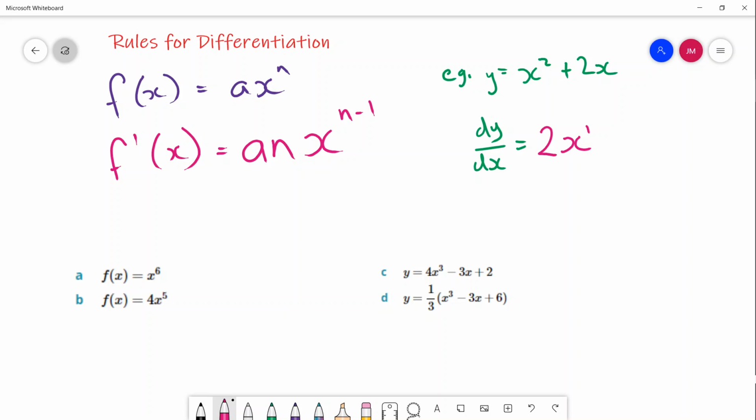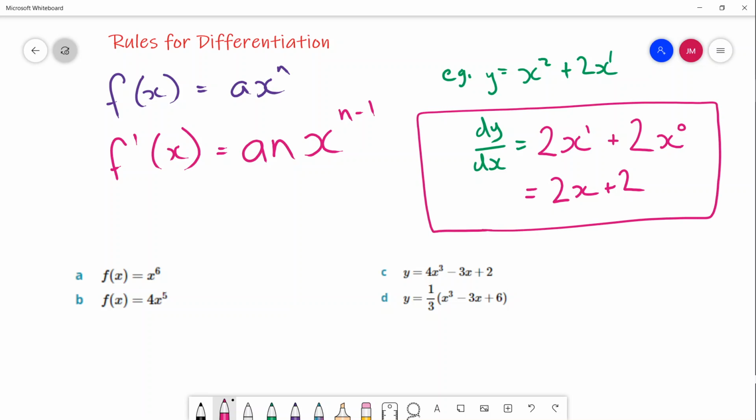If we've got a plus or minus in between, we just do the same thing for the next term. So treat every individual term as a separate function. So 2x is the same as 2x to the power of 1. Then we take the power of x, which is 1, times the coefficient 2, so we've got a 2 out the front. And then x to the power of 1 minus 1 is 0. So our final answer is 2x plus 2, which is the same as we got in the first video, but it took us a good 8 minutes. So there's a nice little quick shortcut.